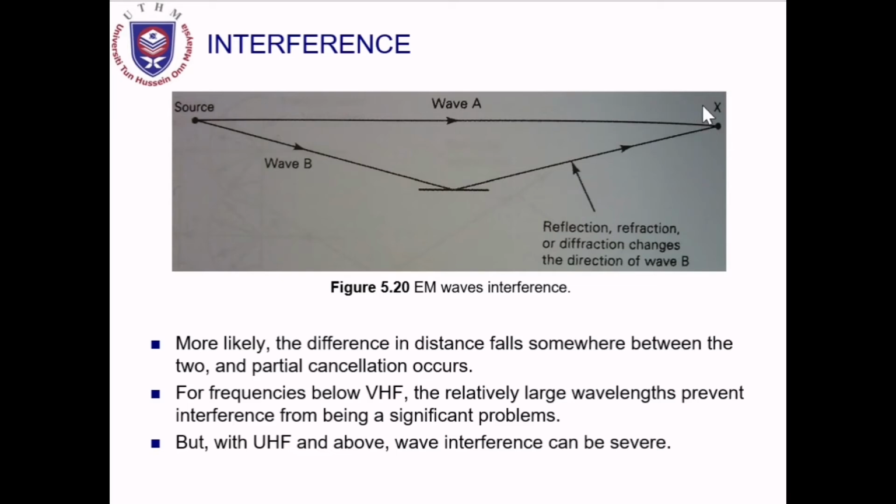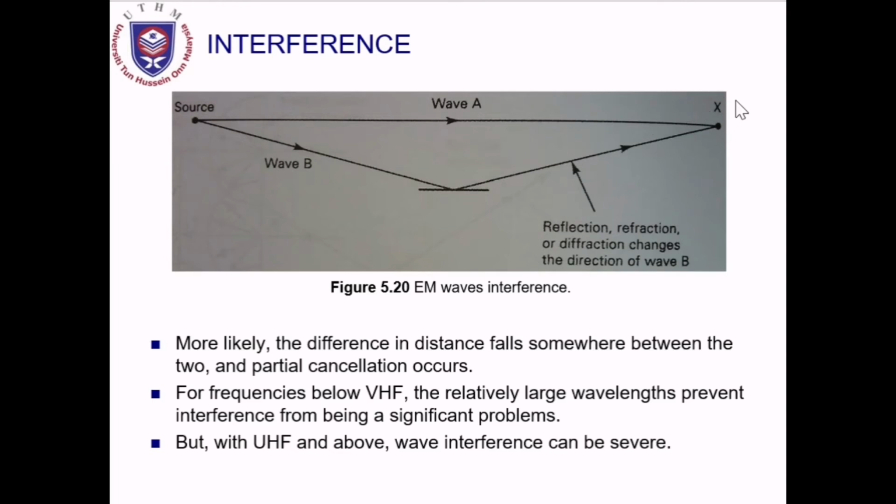If the difference in distance traveled is an odd integral multiple of 1/2 wavelength, reinforcement occurs, where it will multiply the amplitude of the signal from the source here. However, if the difference in distance traveled is an even integral multiple of 1/2 wavelength, total cancellation occurs.